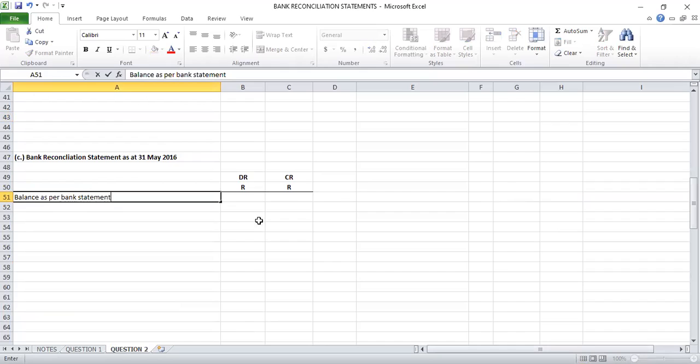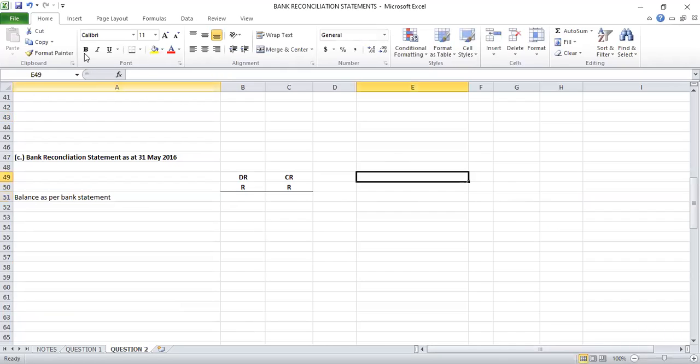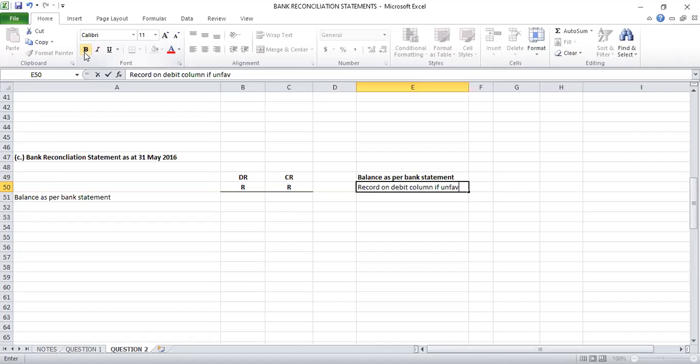Now let's remember that your balance as per bank statement, you are supposed to record on the debit side, in the debit column, if unfavorable. So always check. Otherwise, you record on the credit side.